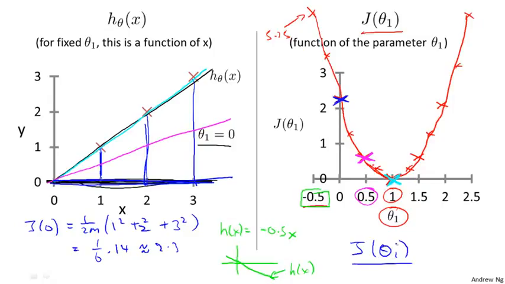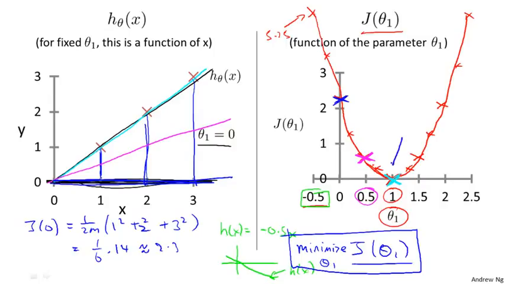Now, remember, the optimization objective for our learning algorithm is we want to choose the value of theta 1 that minimizes j of theta 1, right? This was our objective function for linear regression. Well, looking at this curve, the value that minimizes j of theta 1 is theta 1 equals 1.